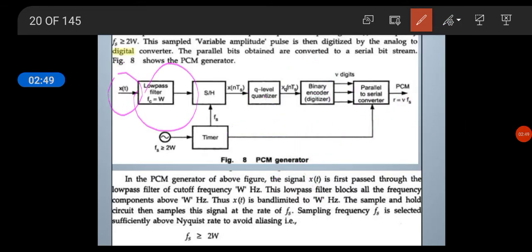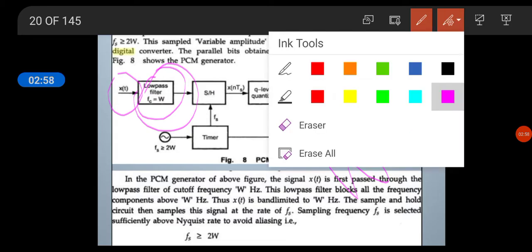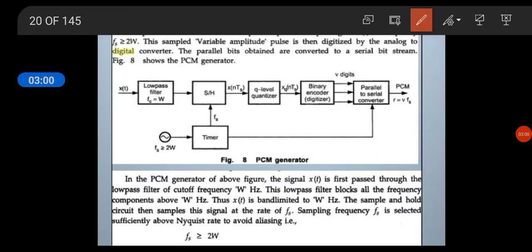This is band limited to W Hz, because this is a low pass filter. It allows only low frequency signals. So the low pass filter is band limited to W Hz. Then the low pass filter output, x dash of t, is given to the sample and hold circuit. The sample and hold circuit performs sampling at a rate fs greater than or equal to 2W.